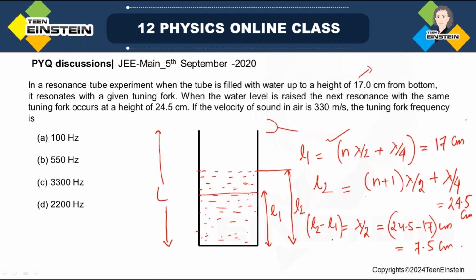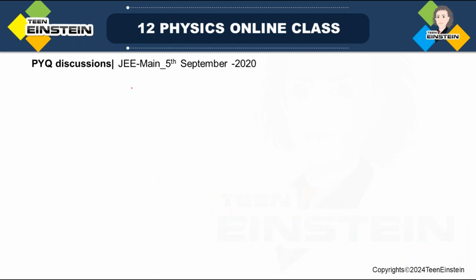So then I just subtracted. From here I got lambda by 2 is equal to 7.5. So from here I get lambda is equal to 15 centimeter. Once I get this wavelength, I can get the frequency of the sound in the air.